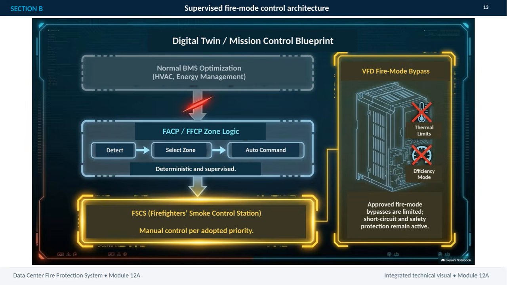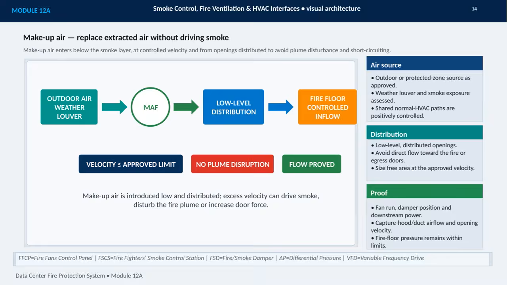Thermal limits and safety protections remain part of the control strategy, and short-circuit protection is not removed. In other words, the system can move from efficiency mode to an approved fire mode without abandoning the safeguards that protect the equipment. Safety remains active even when normal optimization is bypassed.